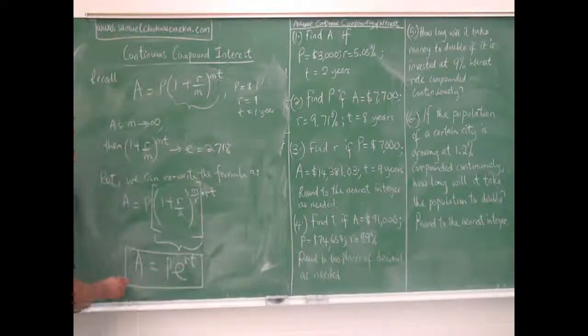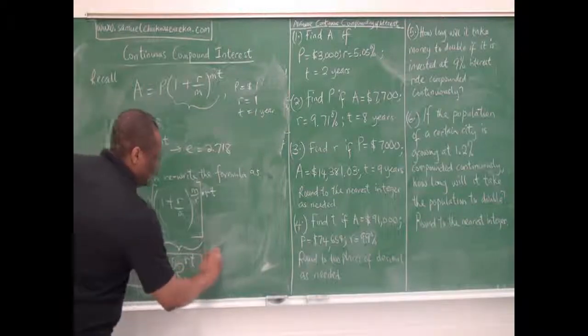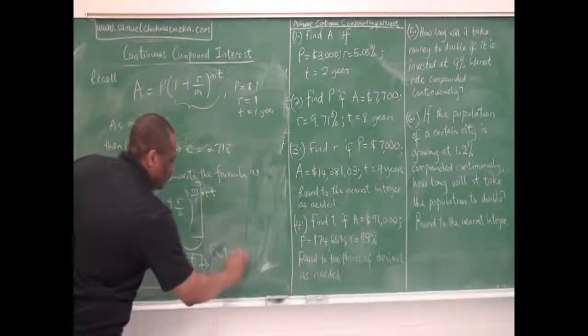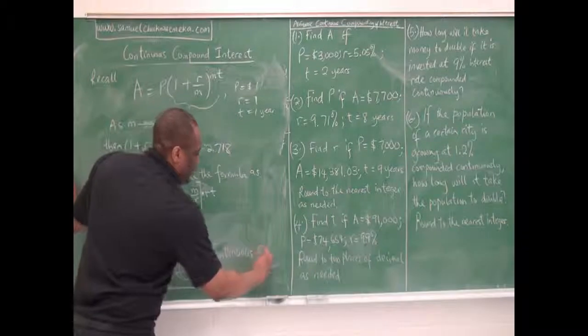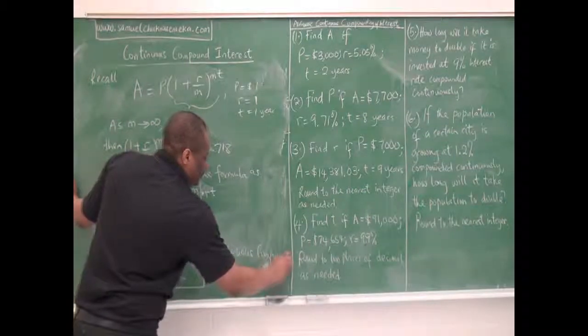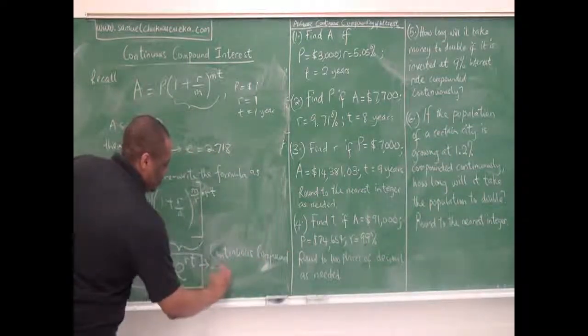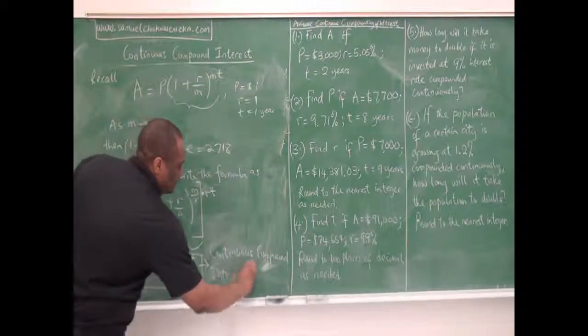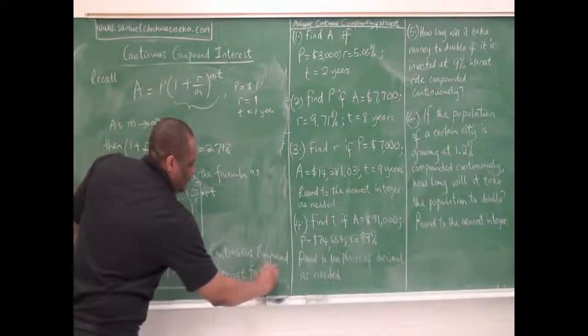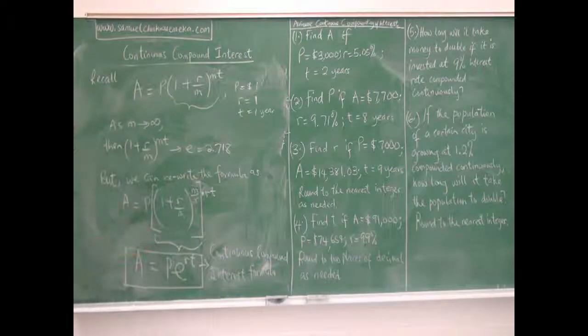And this is what we call your continuous compound interest formula. Okay, that's it. So this is the formula we'll use to finish these questions, and then we can call it a day.